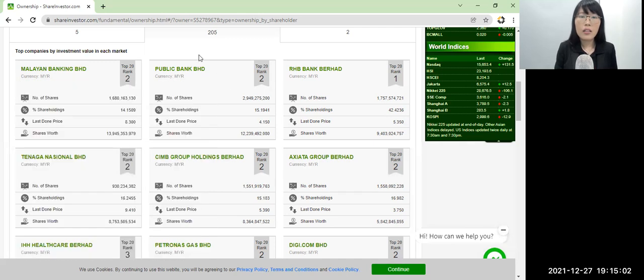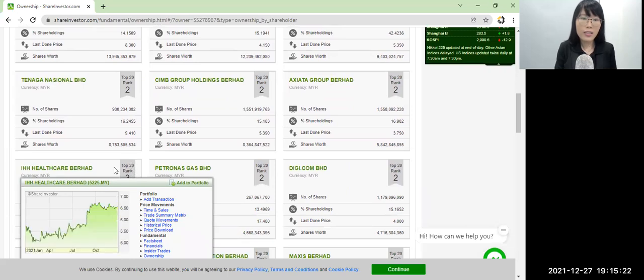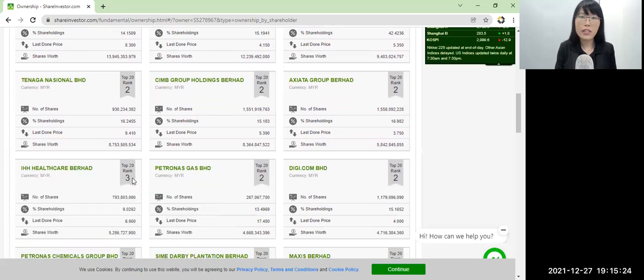EPF also owns about 2.9 billion shares of Public Bank, 1.7 billion shares of IHB Bank. You can see number 3 is IHH Healthcare, top 20, rank number 3.